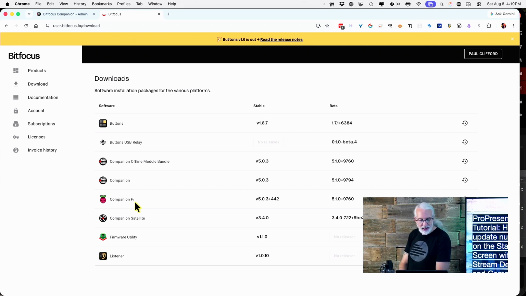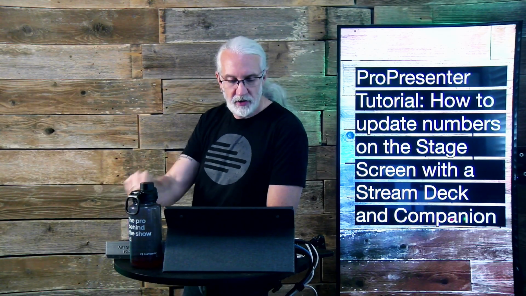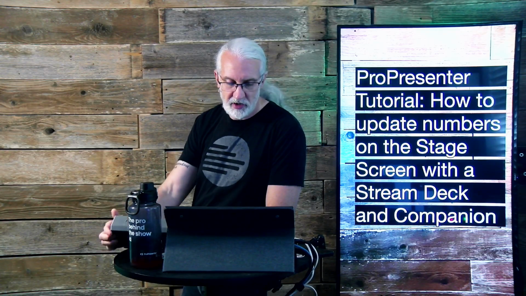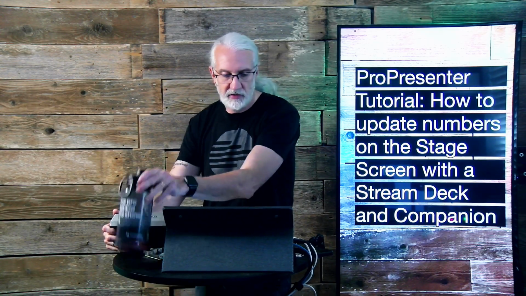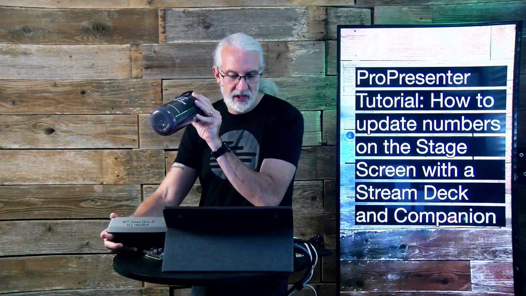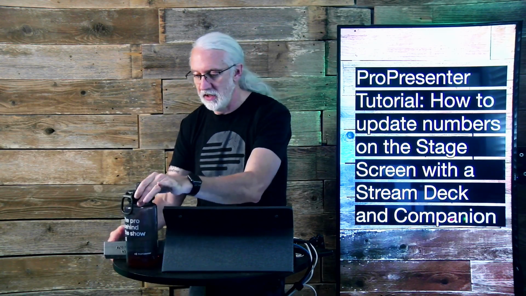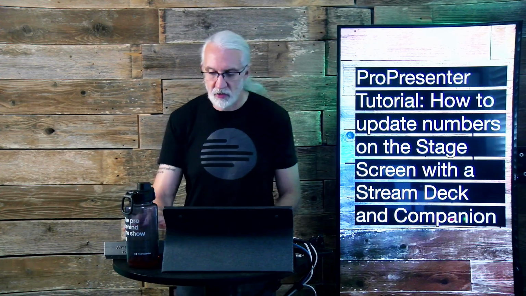So that's the one that I have here on the Stream Deck that I use. This little case is 3D printed, and underneath it is, I don't think you can see that there. You see that? That is the Raspberry Pi. So it's just a little computer that is actually running the whole shebang here.